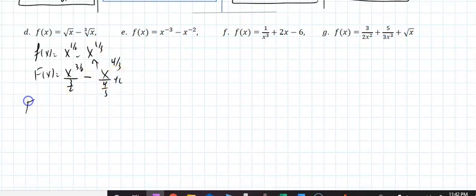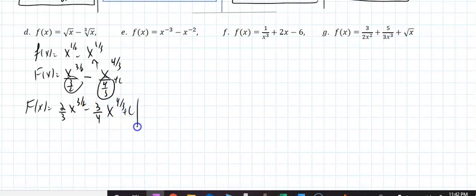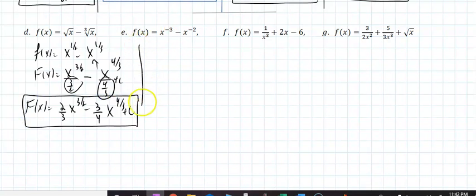But dividing by a fraction is the same as multiplying by the reciprocal. There it is. Okay, that didn't register. Let's do it again.